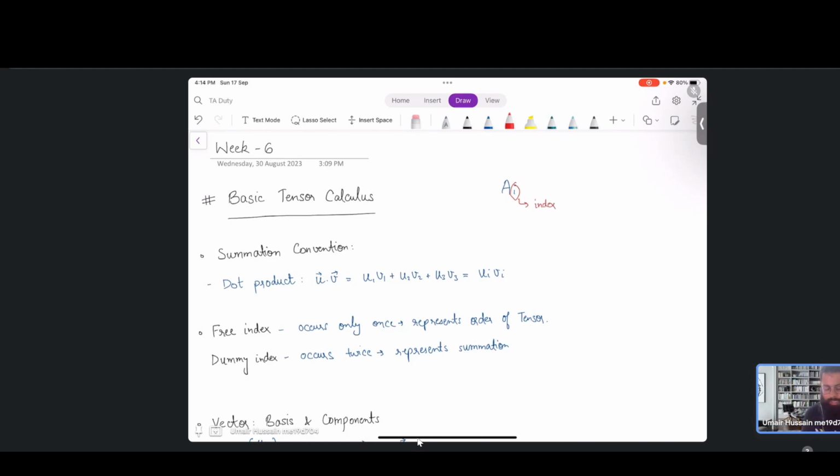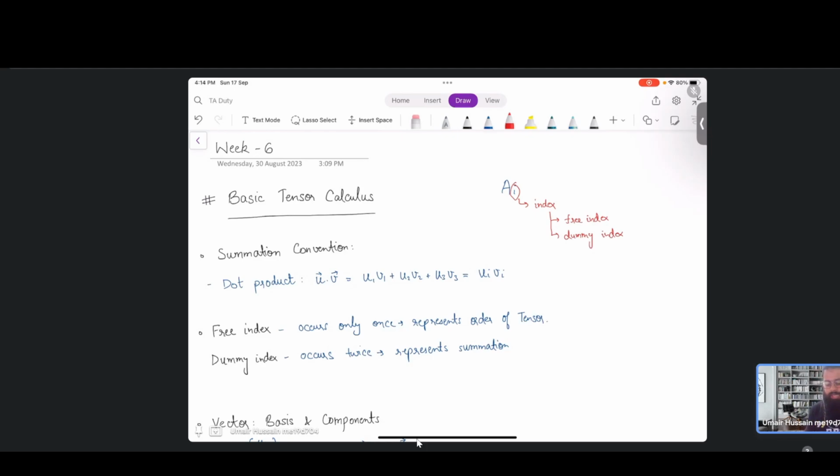These indexes are of two types. First, we have the free index, and then we have the dummy index.